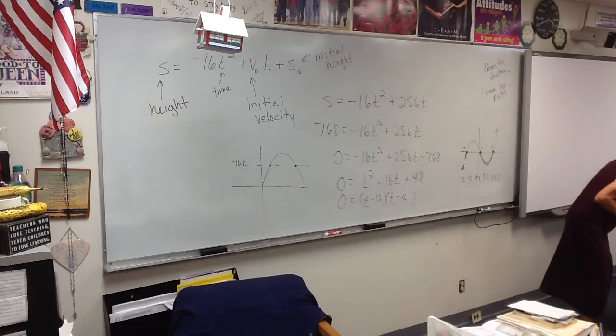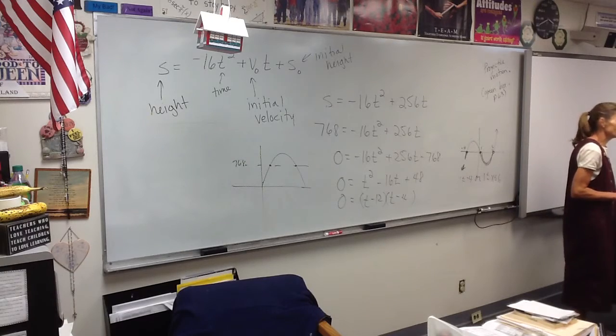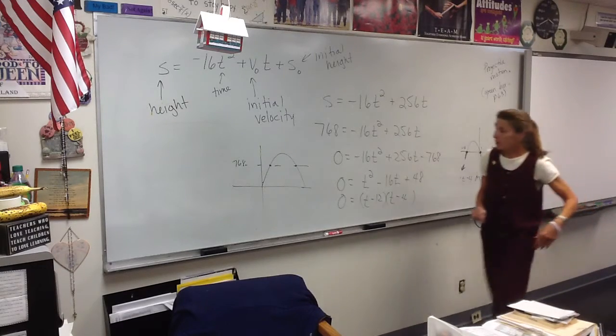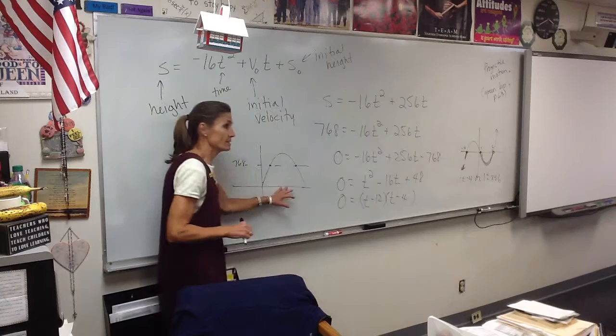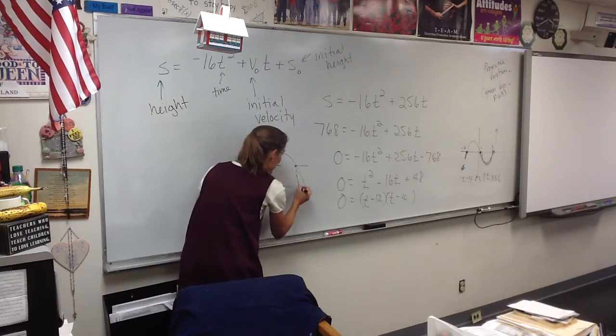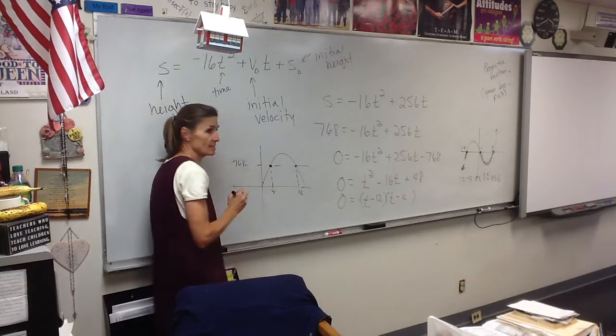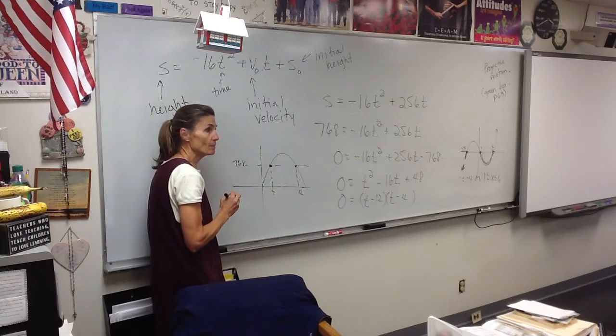Okay, next. When will the projectile's height be at least 768? Well, my picture's really helpful for that. At 4 and at 12, this is when it is exactly 768, right? We figured that out.